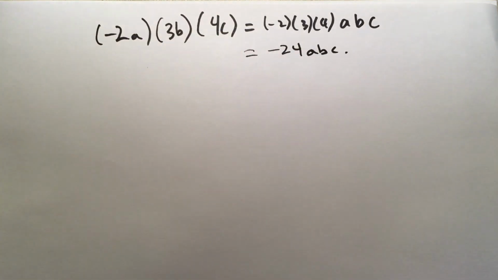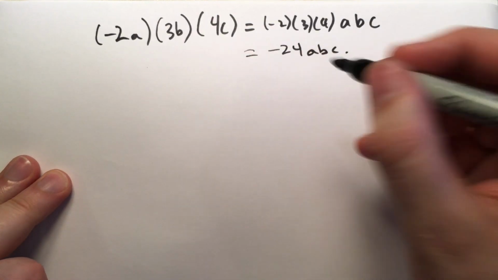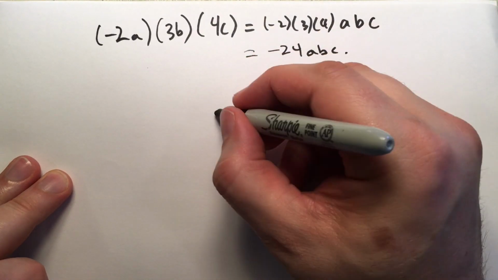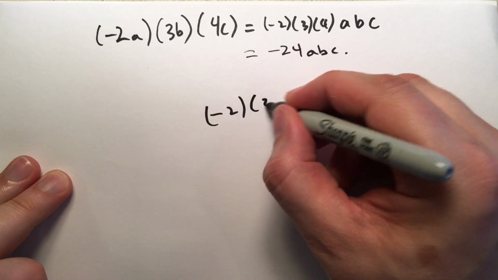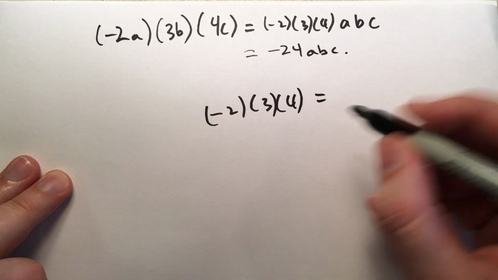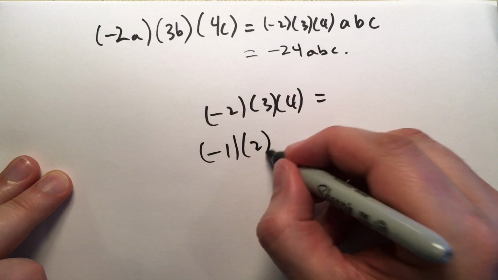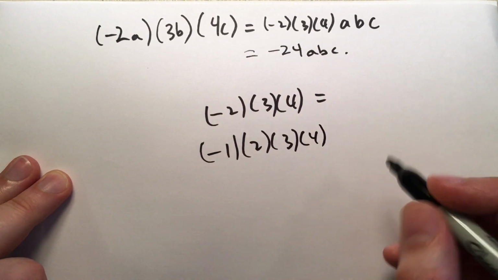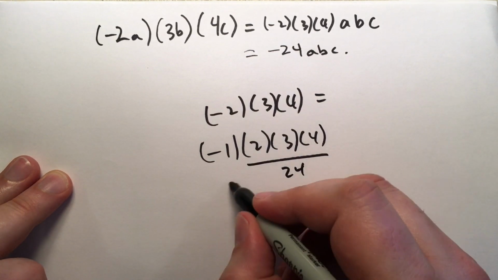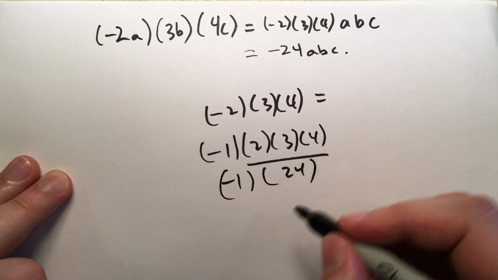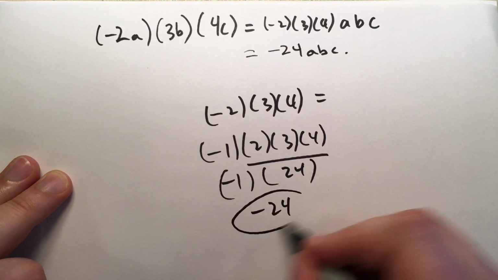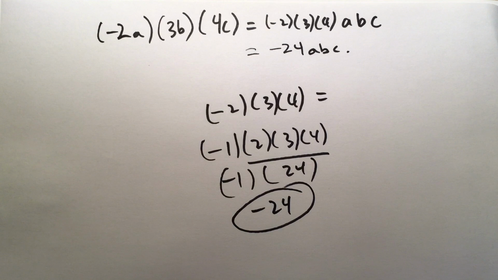I didn't even tell you how to multiply negative numbers yet. I will tell you. This is what I did. Minus 2 times 3 times 4 is the same as minus 1 times 2 times 3 times 4. This is 24, and so we have minus 1 times 24, and so we have minus 24. That's how I did it.